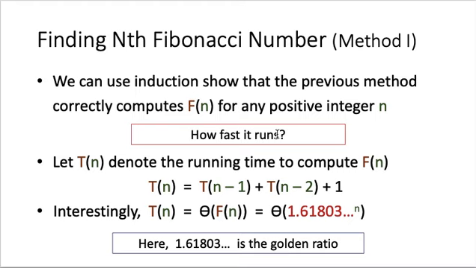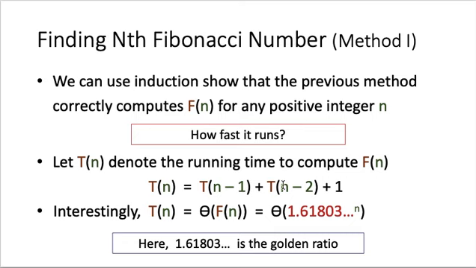And then how fast does this program run? If we use t of n to denote the running time to compute f of n, then t of n is equal to the time to compute f of n-1, which is t of n-1, plus the time to compute f of n-2, which is t of n-2.